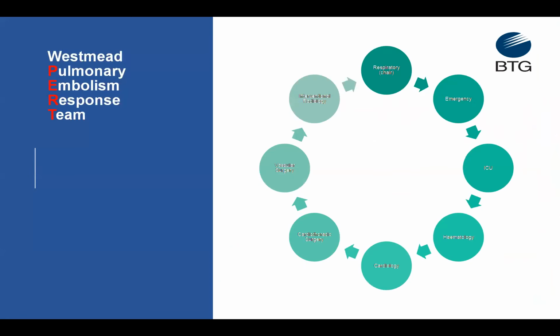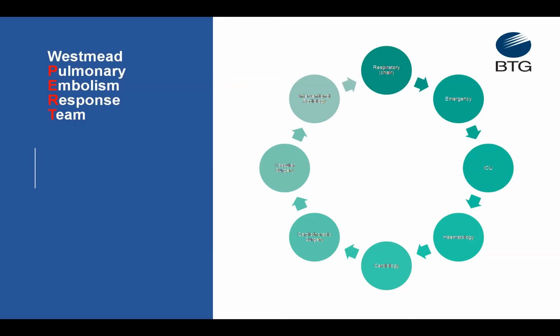I remember when I was a fellow in 2014 in Westmead Hospital, we were called to deal with a case of submassive PE, and I said, oh, that's exciting. Let's go home, do some study about it. And then I found that in the US, they've already established a service which is called PERT, the Pulmonary Embolism Response Team. It's kind of similar to the stroke call.